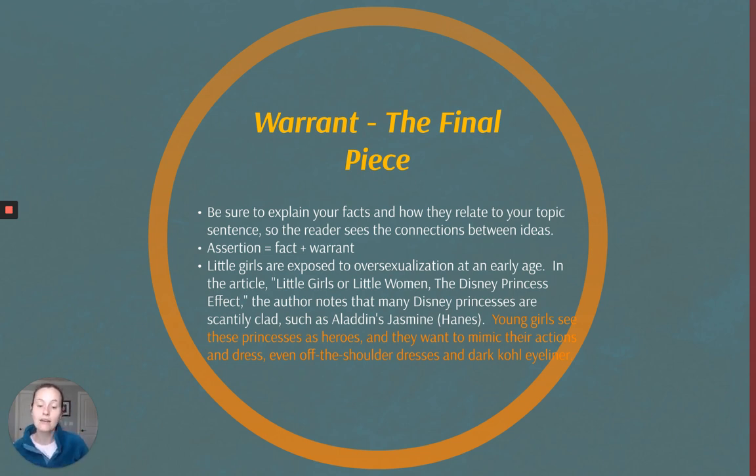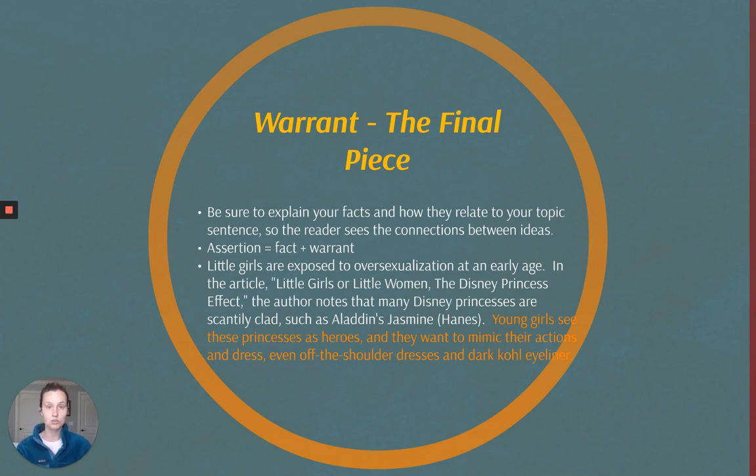It's okay every once in a while to concede a point to the other side. And where you can do that is in that warrant explaining your points. So just keep in mind that it is okay every once in a while to offer a concession to the other side, and the warrant is a good place to do that.